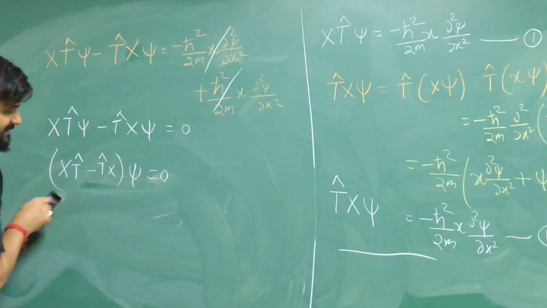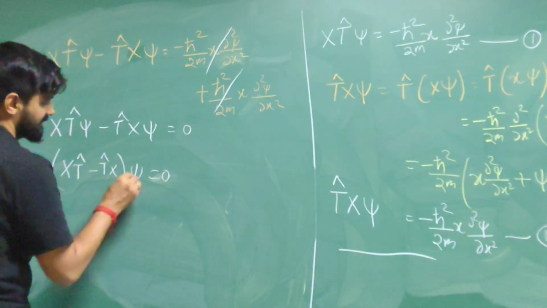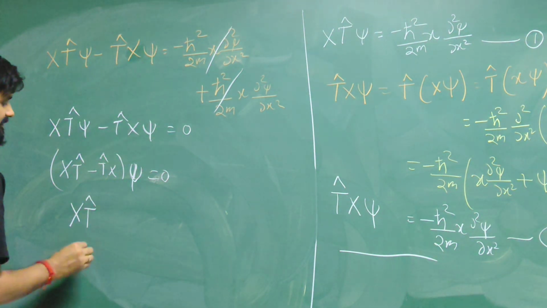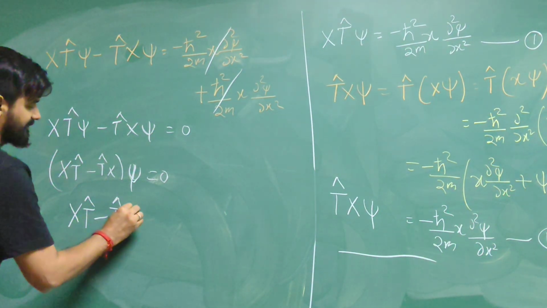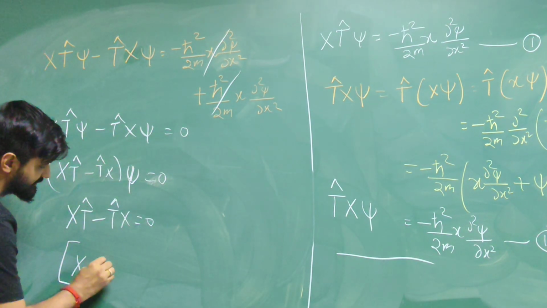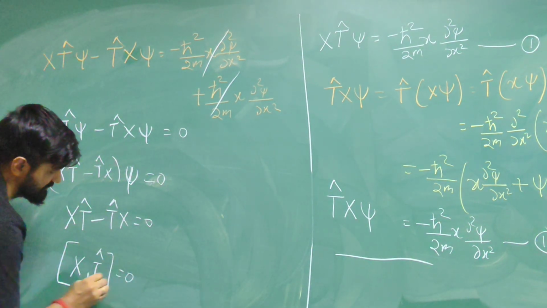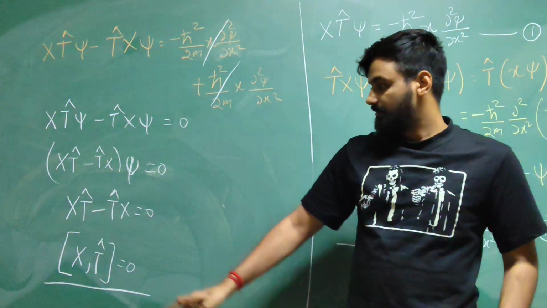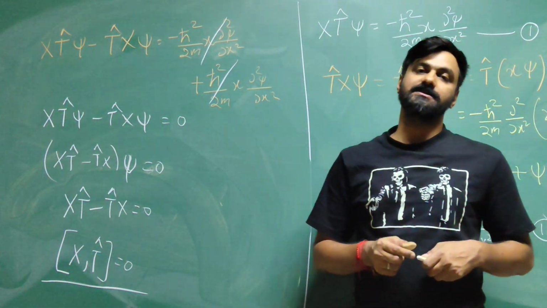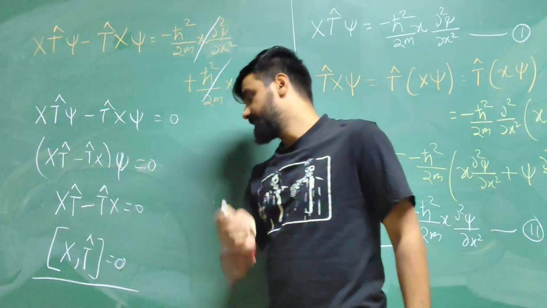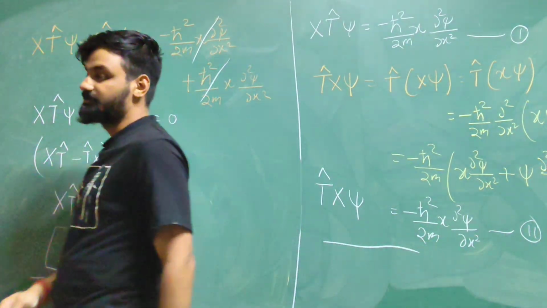What do you mean by this? This is just a commutator operator that is operating here. So I can say that x T cap minus T cap x equals 0. This result clearly tells you that the position and the kinetic energy operators are commutating with each other, because this equals 0.